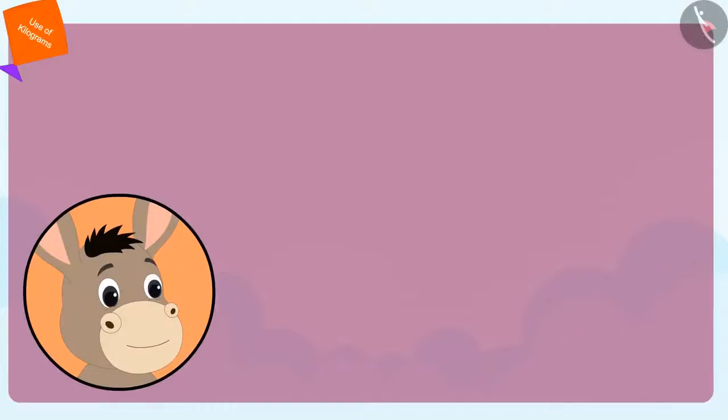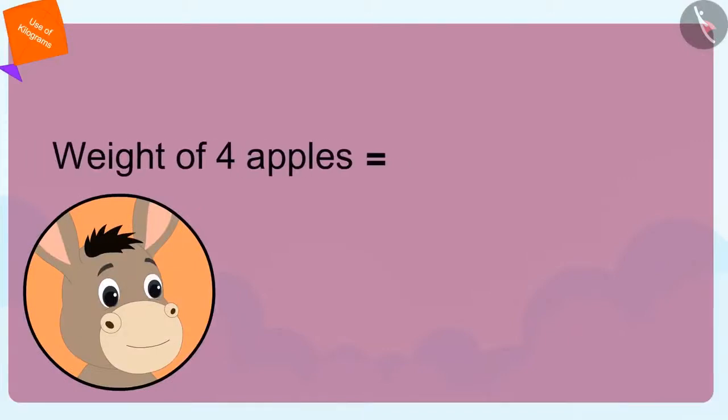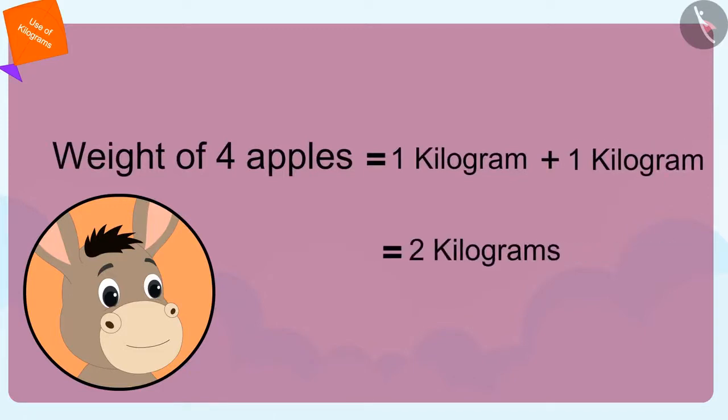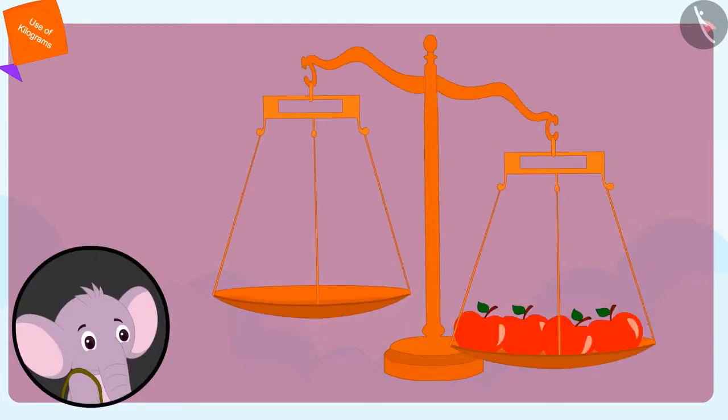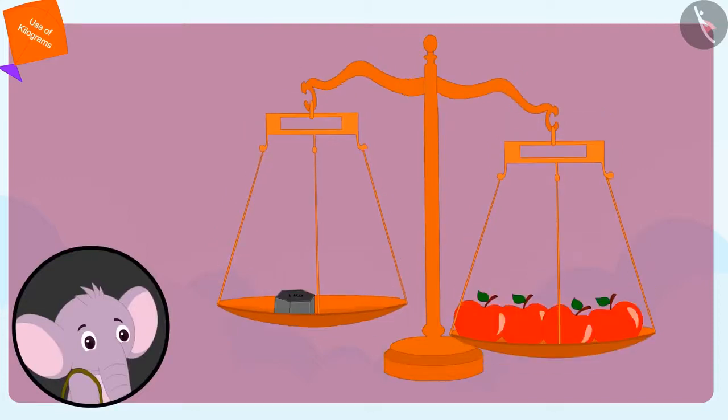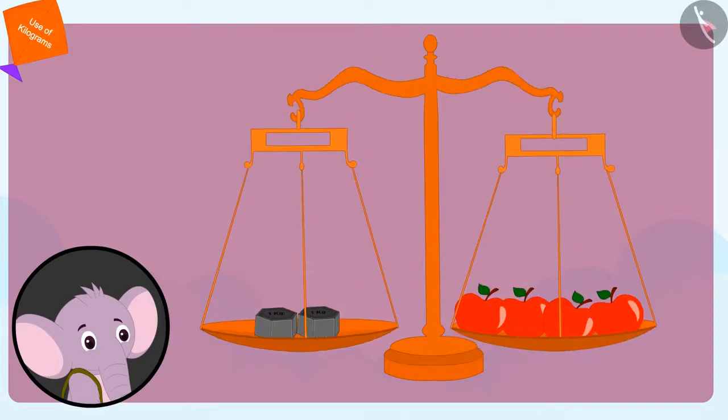Bhola said that the weight of 4 apples of Chanda is equal to 1 plus 1, that is 2 kgs. Then he weighed Appu's 4 apples in exactly the same way and found out that Appu's 4 apples also weighed 2 kgs.